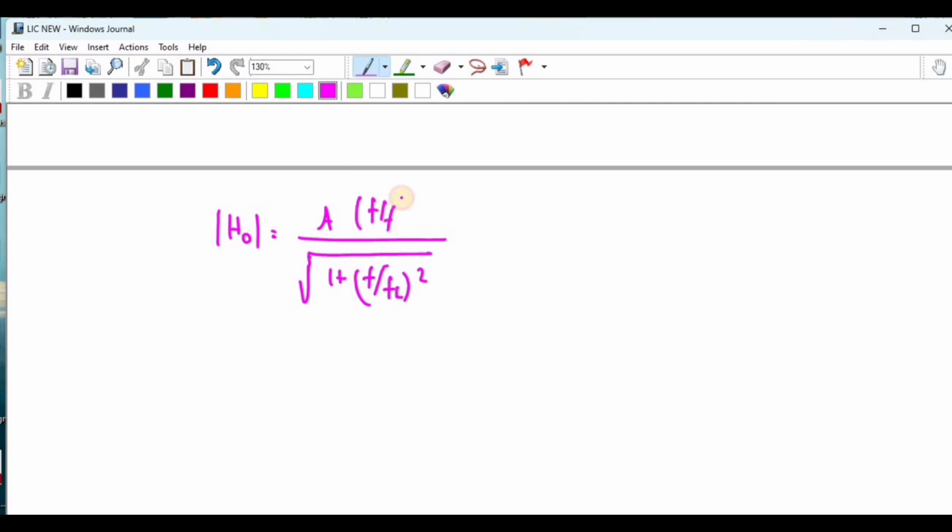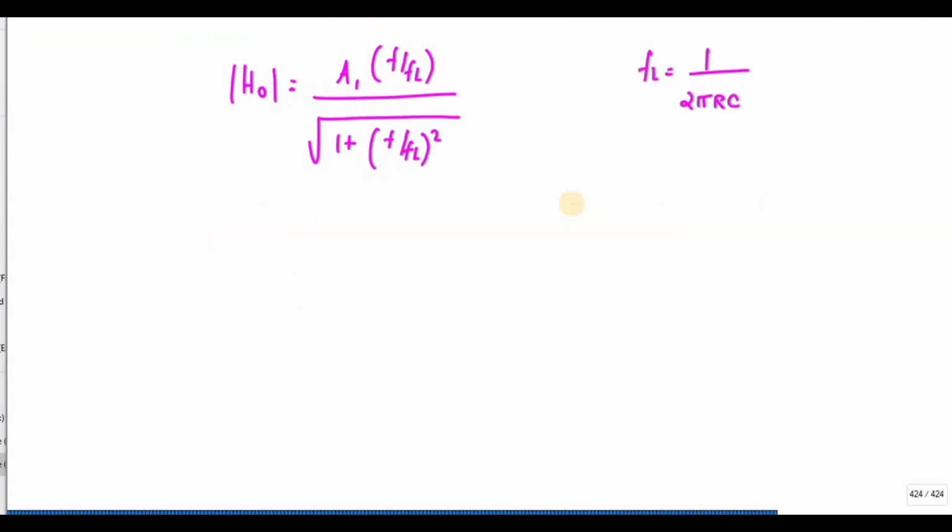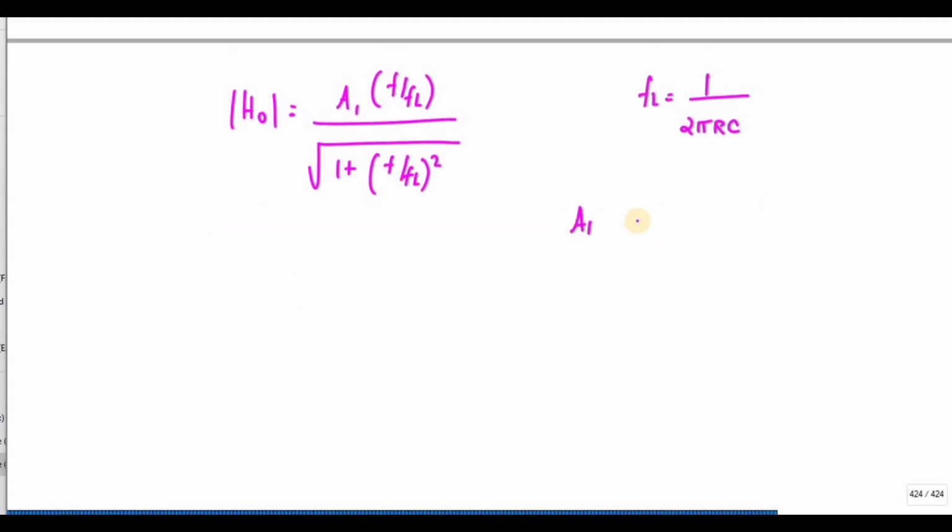So I can write this as A1, where fL is nothing but 1 divided by 2 pi RC, right? Here the R value is 1.5k, and the C value is 0.01 microfarad. On solving, you will get the answer.